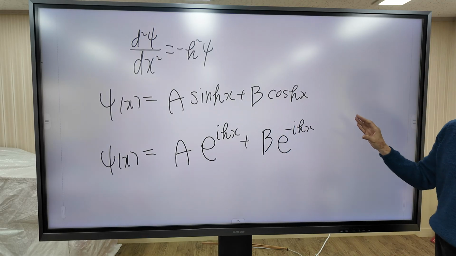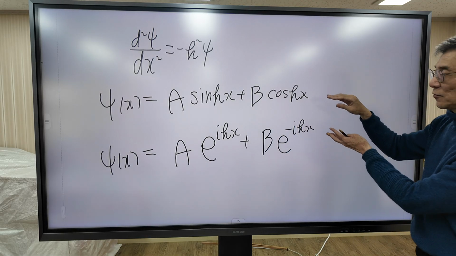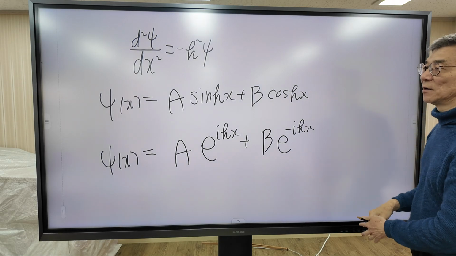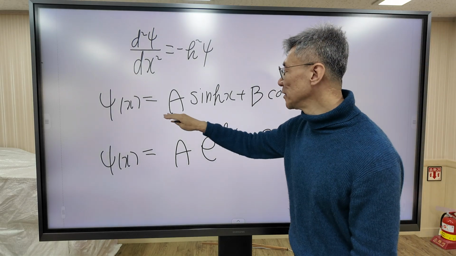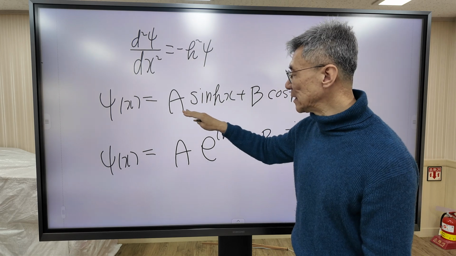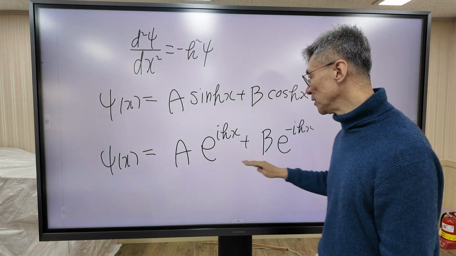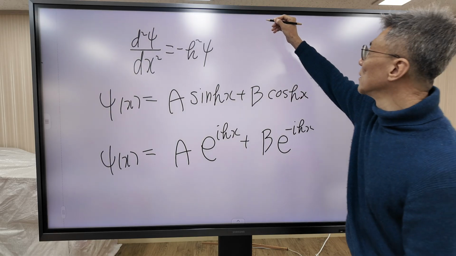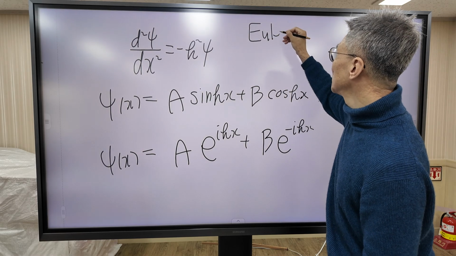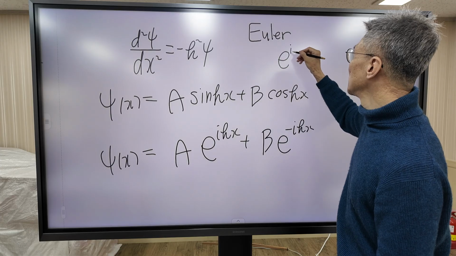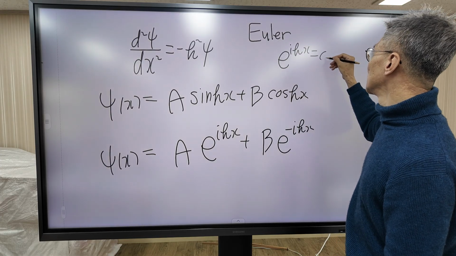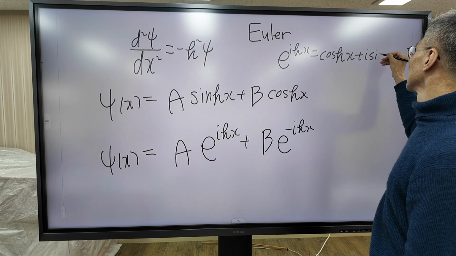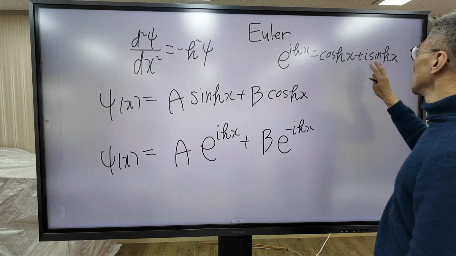Then who is right? According to mathematics, the two sets of formulas are exactly the same, equivalent. The function generated by this formula is exactly equal to the function generated by this formula, because Euler proved that exponential ikx is equal to cosine kx plus i sine kx.